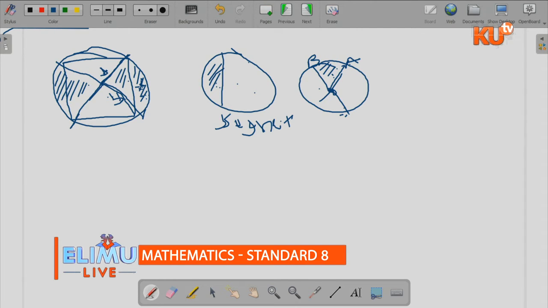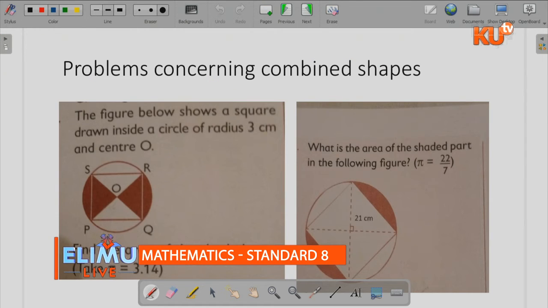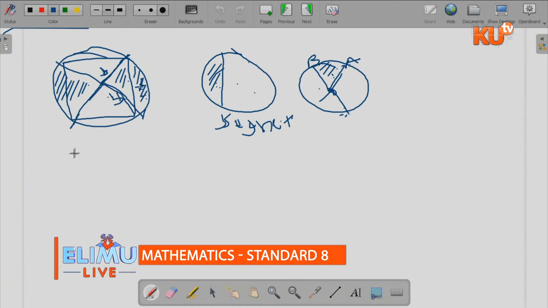So we are asking you find the area of the shaded part. Use pi to be 3.14.